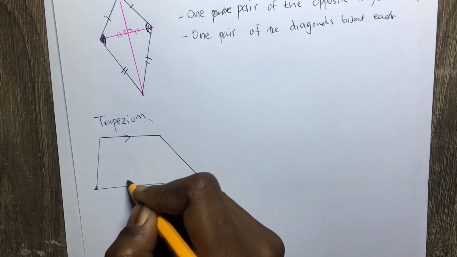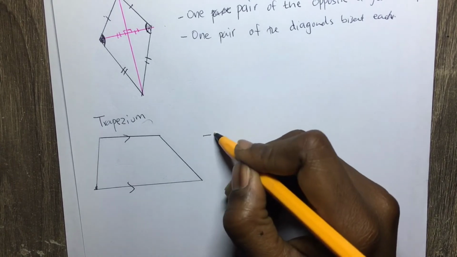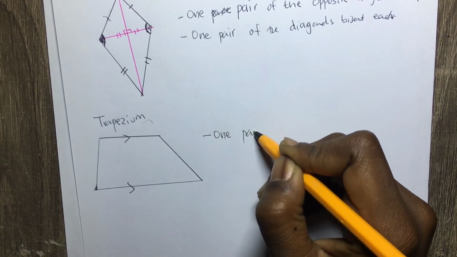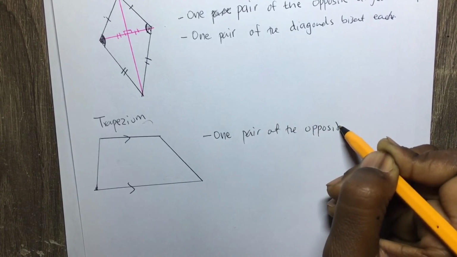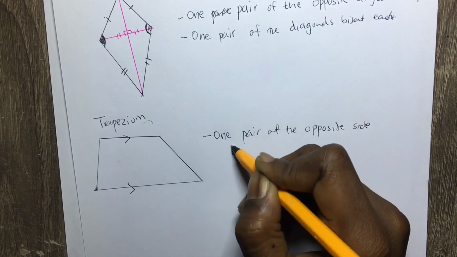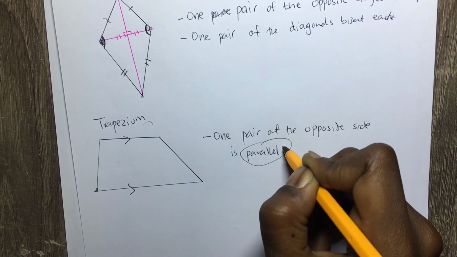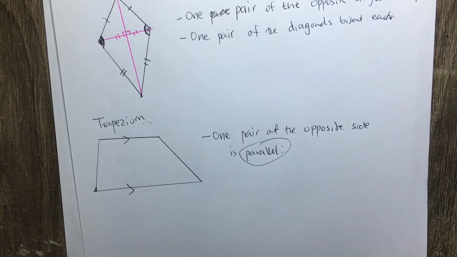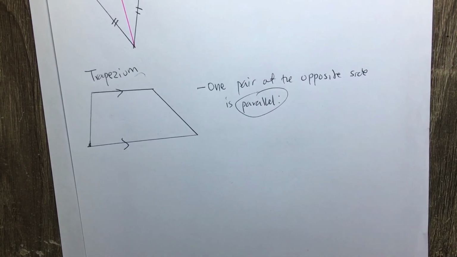There's only one property of a trapezium: only one pair of the opposite sides is parallel. And when we have that word parallel there, we know that we can apply those three rules when we're looking for angles. I hope you get it.